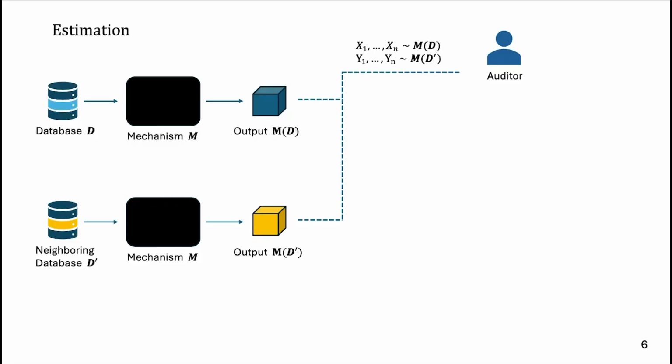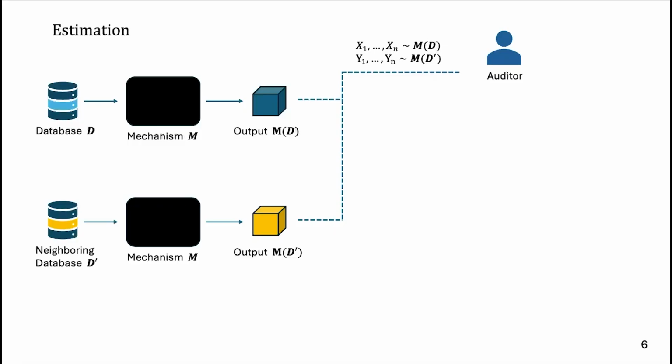And we then recall that to define the trade-off function T of mechanism M, we used the likelihood ratio test, which in turn relies on the densities associated with the output of our mechanism. Since we are in a black box scenario, we don't know these densities. However, we can use our output samples x1 to xn and y1 to yn to derive approximations of these densities, and then hopefully use these to emulate the likelihood ratio test from before.